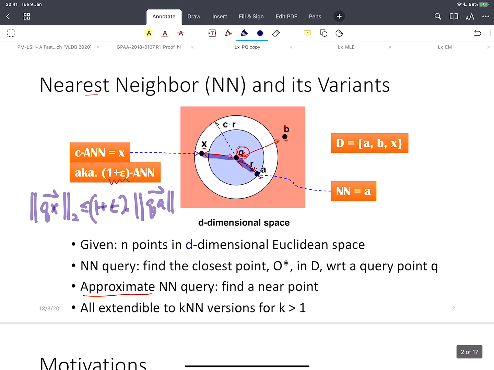Okay, so that's why x can be returned instead of A as it's a 1 plus epsilon nearest neighbor. Another extension is that instead of returning only one point, I can return more than one point. So if I return k points, this is the kNN version of the problem.